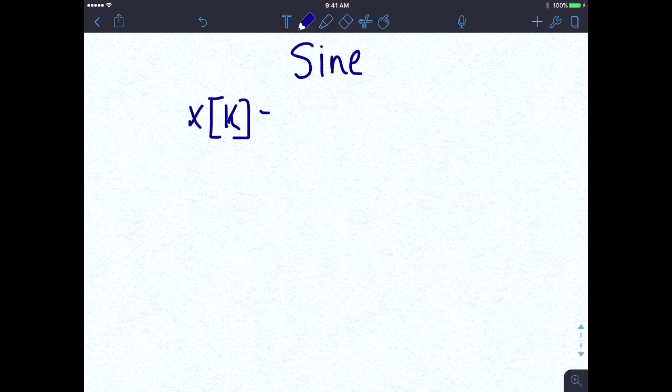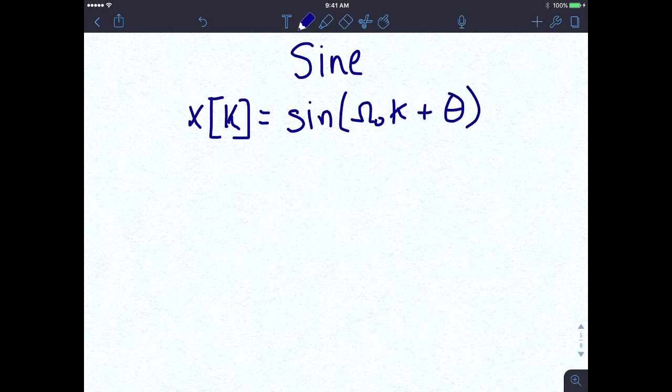Now let's talk about the next elementary signal, the sinusoidal function, or sine function for short. Sine function is defined as x of k equals the sine of omega naught k plus theta. Now for the discrete time sinusoidal function, omega naught is the discrete time, or DT, angular frequency.